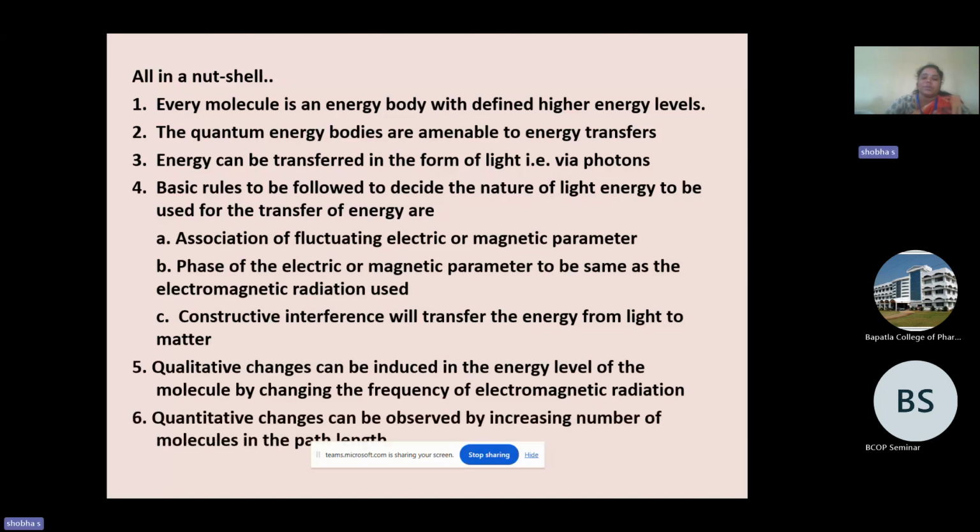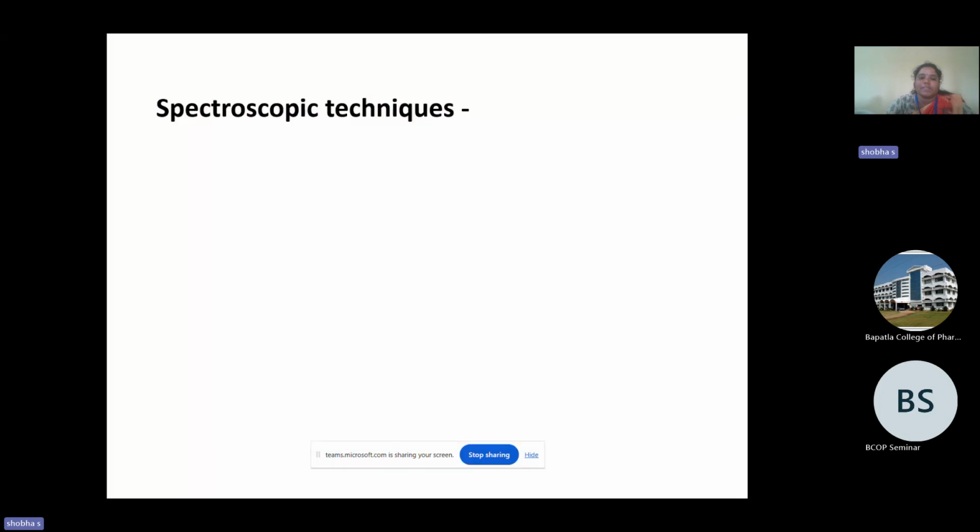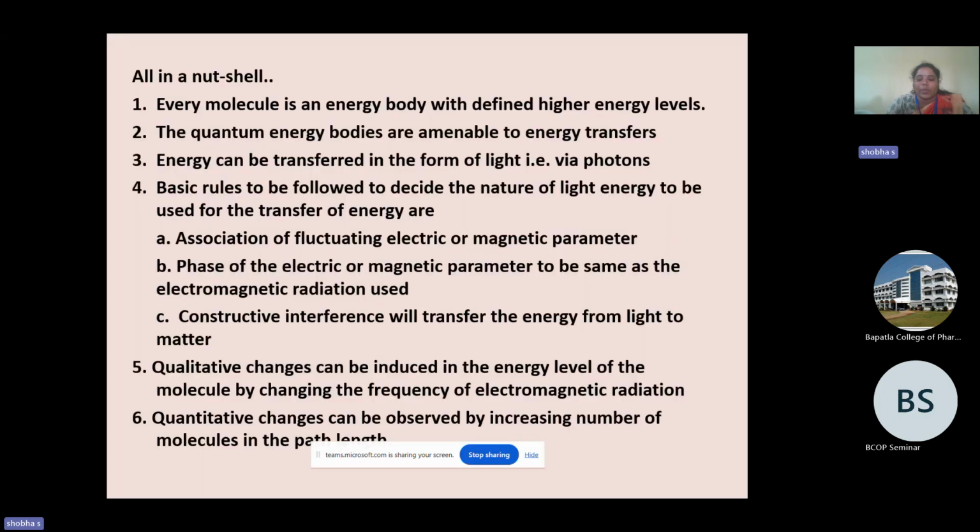Qualitative changes can be induced in the energy level of a molecule by changing the frequency of the electromagnetic radiation. In terms of quantitative analysis, we need to see the changes observed by increasing the number of molecules in the path length, that means the length of the sample cuvette. In IR, sample preparation has different methods; we generally use the KBr pellet method.